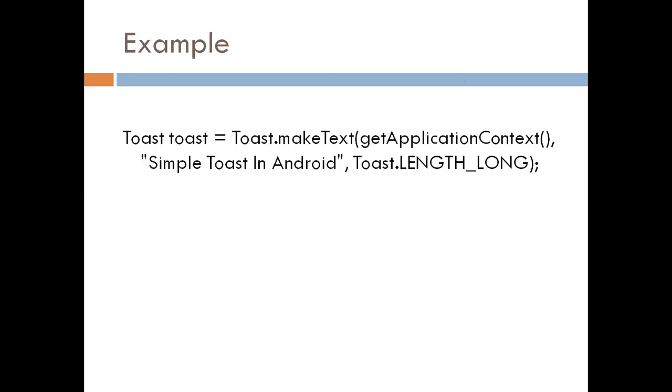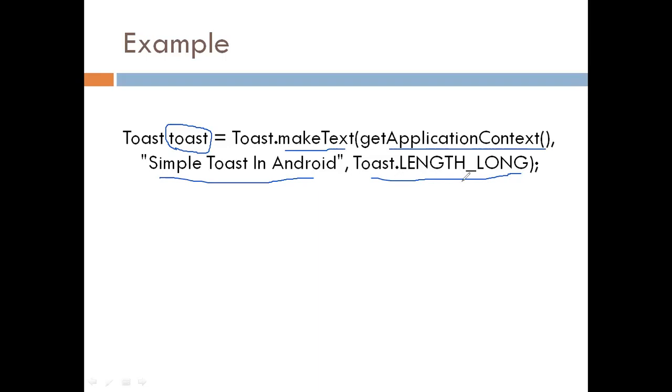Now, an example. Here, Toast is a class name, and this small letter toast is a toast object. Then after, we are using the makeText method for creating a toast. And here we are passing three arguments. First is the getApplicationContext object, second is our toast message, and third is the length, Toast.LENGTH_LONG.